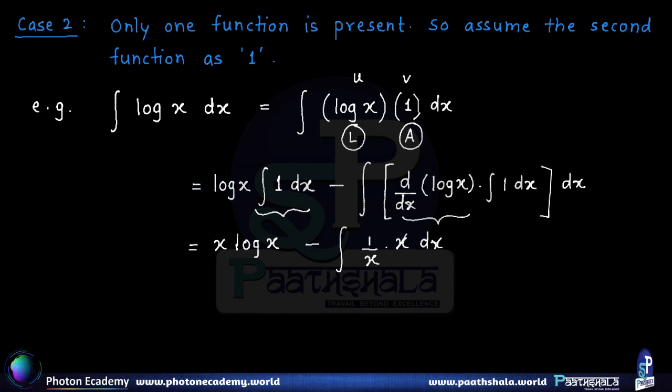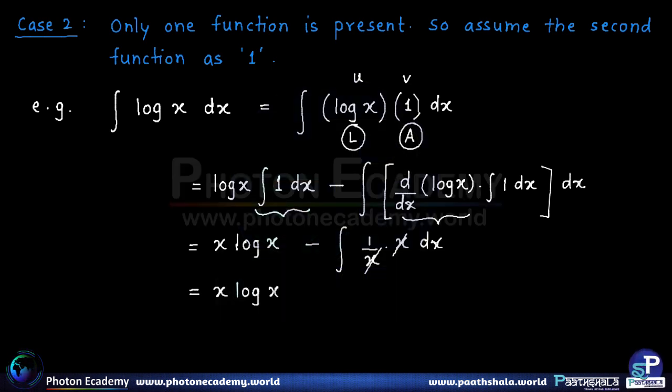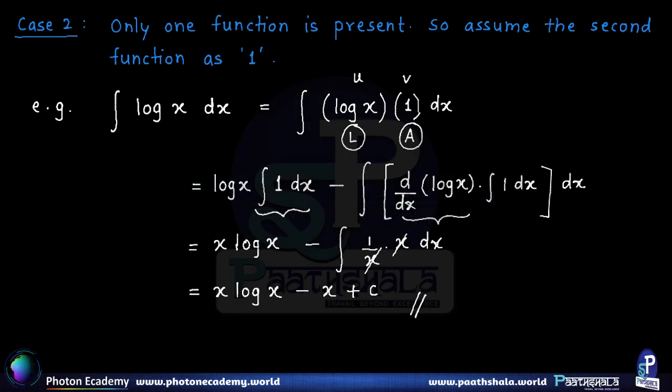So here x gets cancelled, and in the next line we have x into log x minus, in the second integral we have to integrate just 1, so its integral is x, plus c. So that is the final answer. It will be good to remember the integral of log, because it might be needed in some of the advanced examples. So that is x log x minus x plus c.